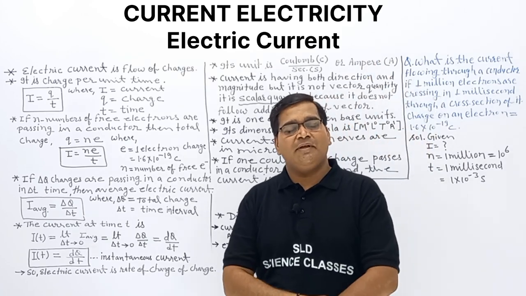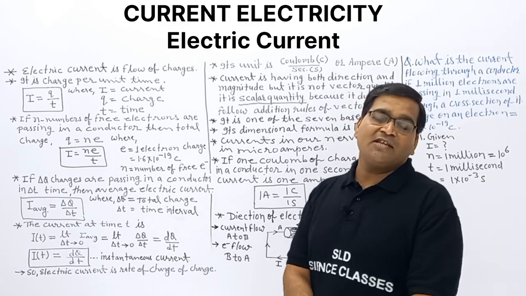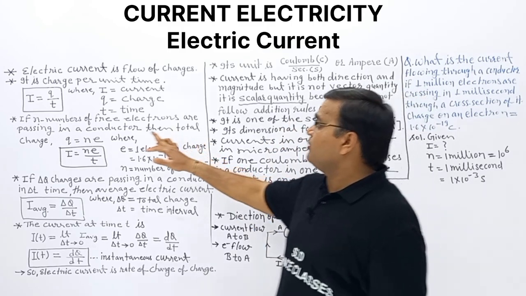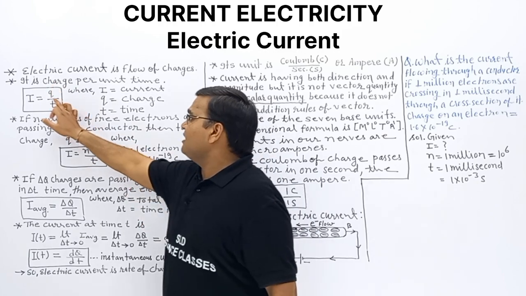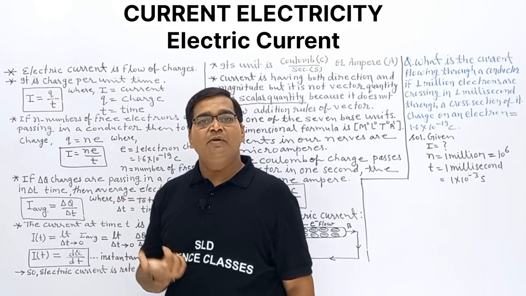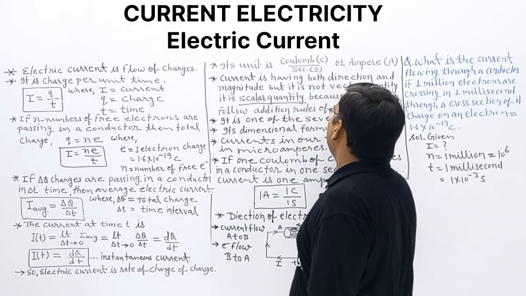The SI unit of current is the ampere. Q upon t: Q is coulomb, t is the time in seconds, so the unit is coulomb per second or ampere.